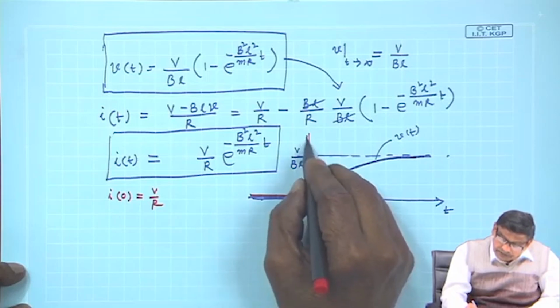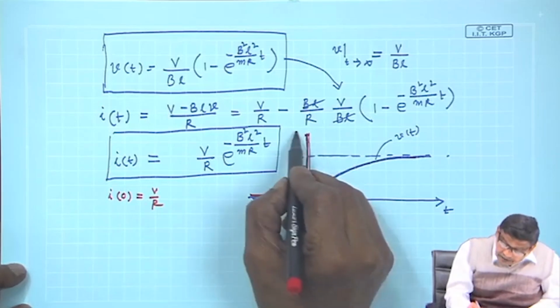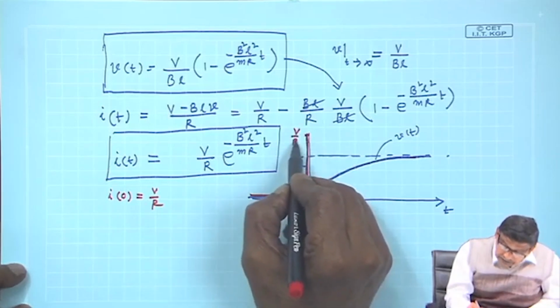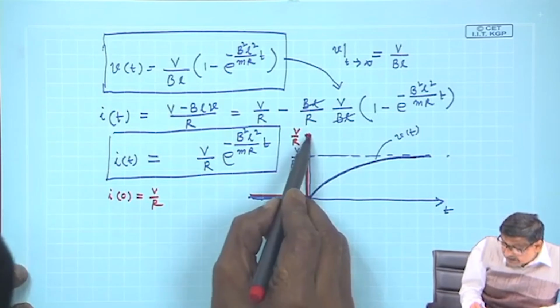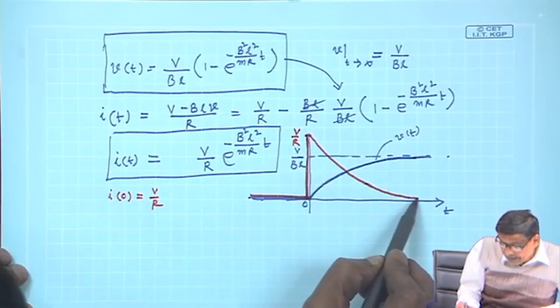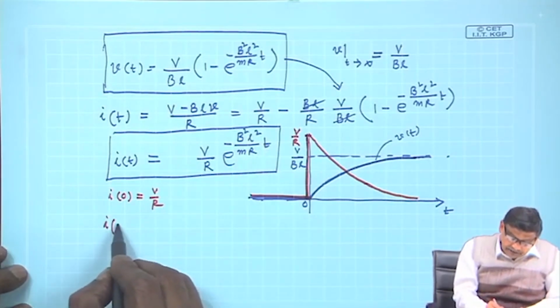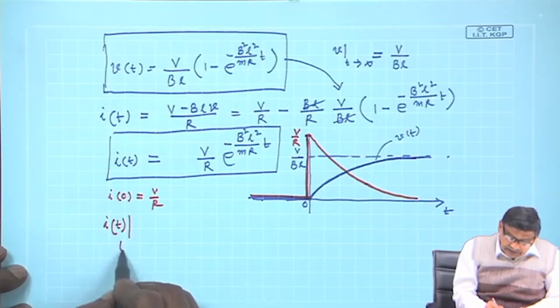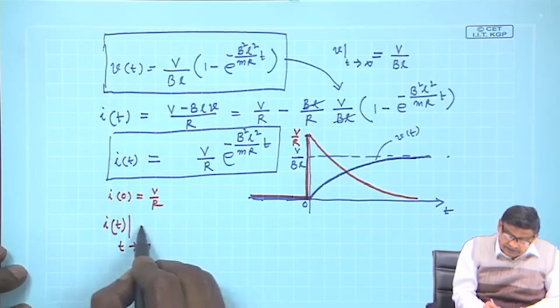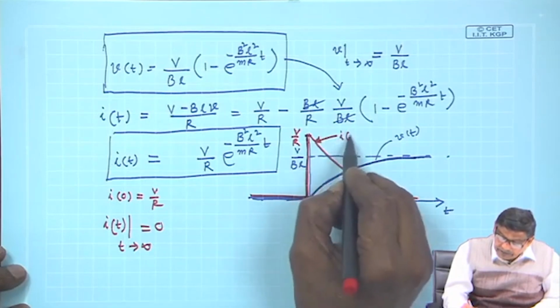Step jump is a possibility, no problem in a resistive circuit, and this amplitude is V by R, it will go, and then it will exponentially decay down to 0, because as t approaches infinity, I(t) is 0. So, this is the expression of the current.